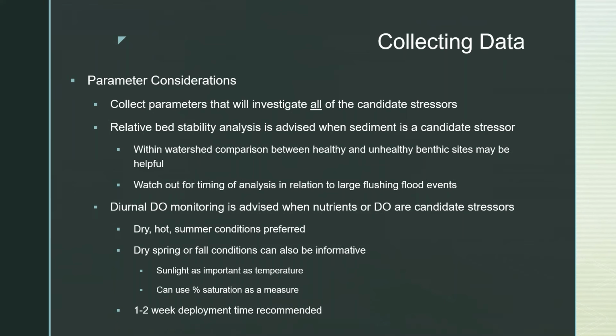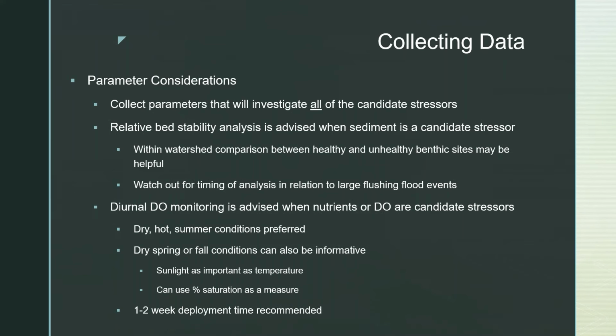And sunlight is actually as important as temperature for dissolved oxygen swings. Sometimes in the spring, before tree canopies come out and before all the leaves are on the trees, you may actually see some real nutrient issues with algae, because a lot of times that algae will bloom before leaves get on the trees.